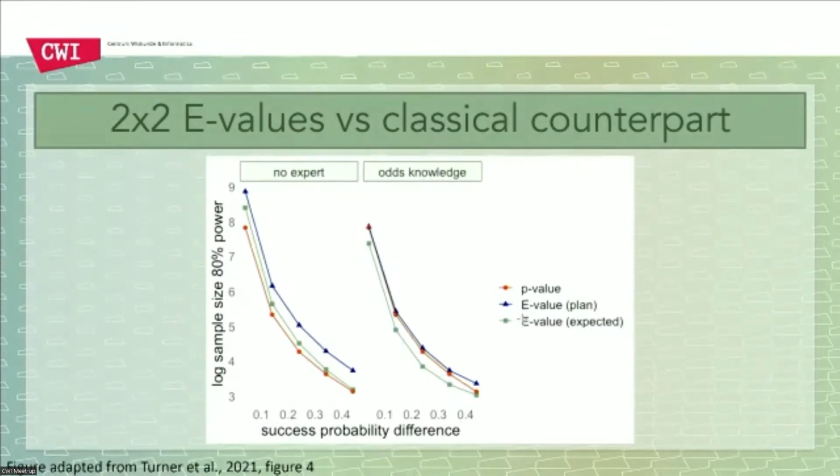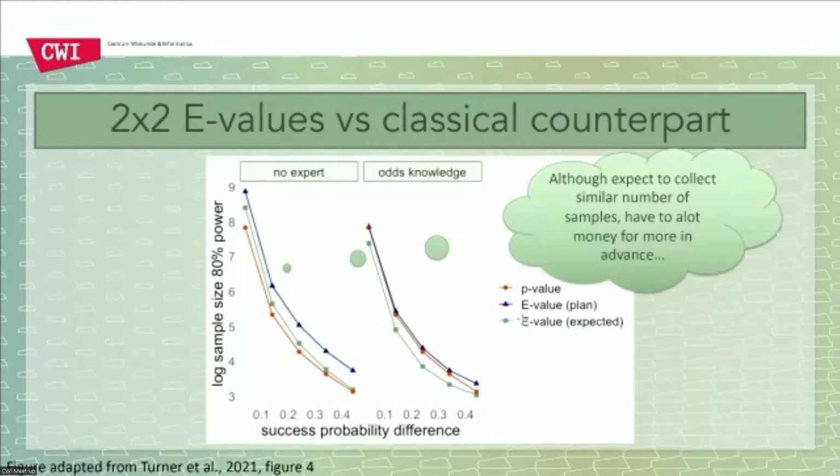And then in green, you see what you expect to collect if you perform this sequential analysis and stop once you reach your threshold. So in practice, we expect to collect a similar number of samples or even a bit less, but you have to allot money for a lot more samples in advance. So this could be a disadvantage of this sequential setup for researchers.